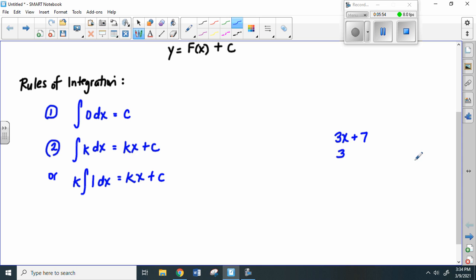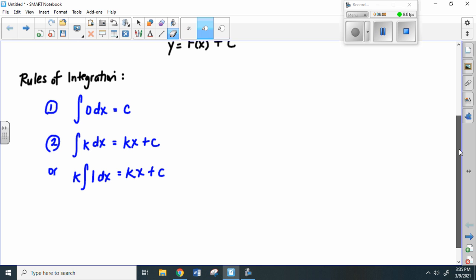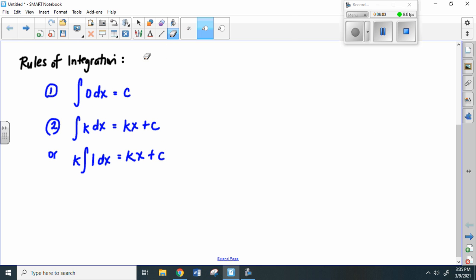All right, then let's think about some of the other rules that we learned for taking derivatives. We learned a power rule, so we should be able to basically undo that power rule for integration. So let's do an example over here.